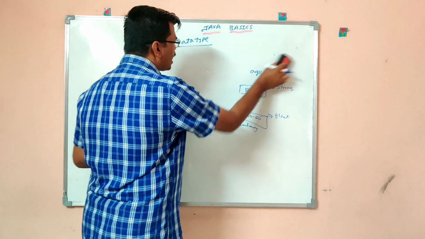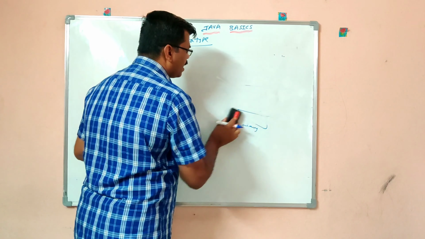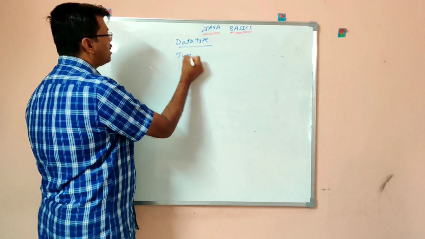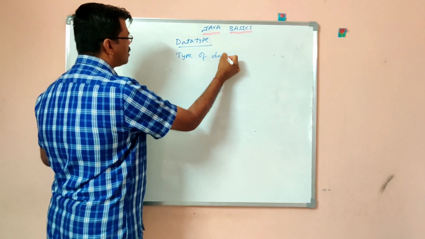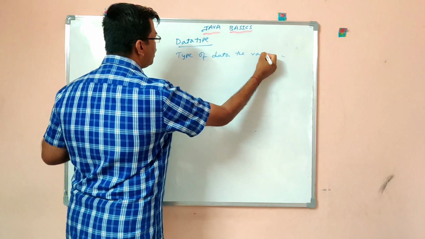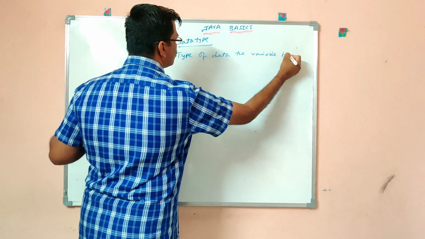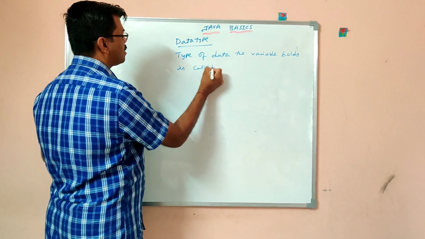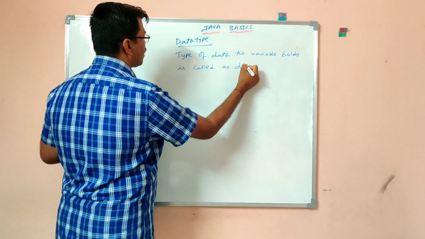So how to define data type is like type of data the variable holds. Let me write here, type of data the variable holds is called as data type.